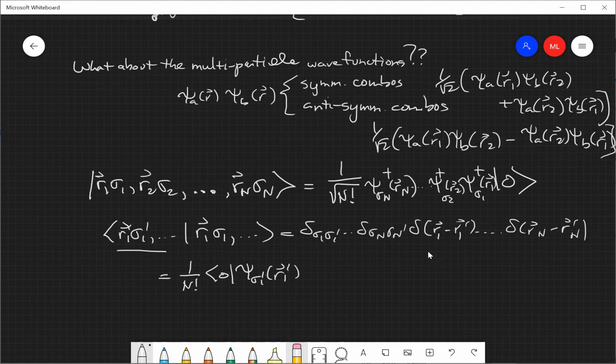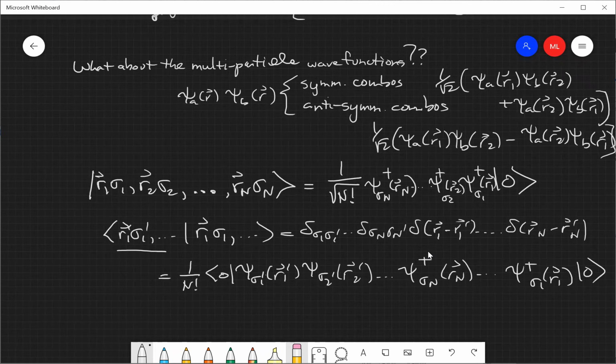When we take the bra, we have to undo these daggers so they become annihilation operators at the primed coordinates. A bunch of them. And then we have a bunch of the creation operators for the unprimed coordinates, all the way up to sigma 1, R1.